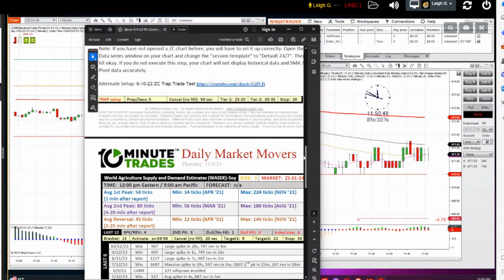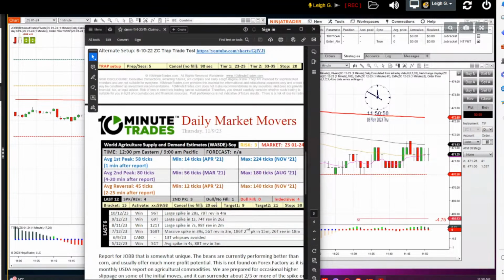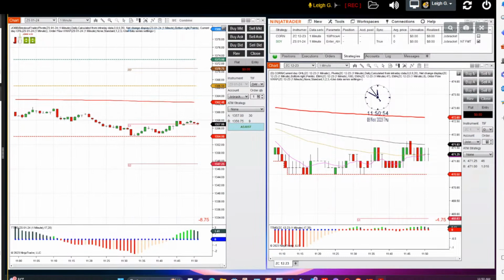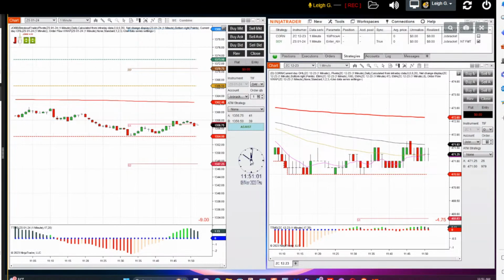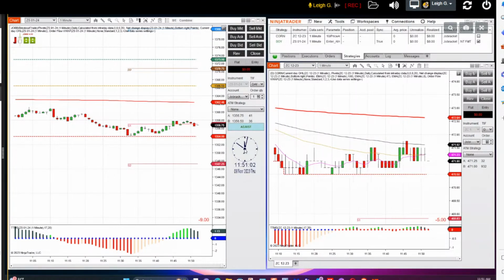Cancel if no fill. But we've seen over the years, I've even seen WASDE go almost a minute. And then didn't we have a trade room last month where WASDE took 24 hours to fill? Do I have that right? I don't know if you get the joke, but the calendars were all screwed up last month and we showed up a day early.